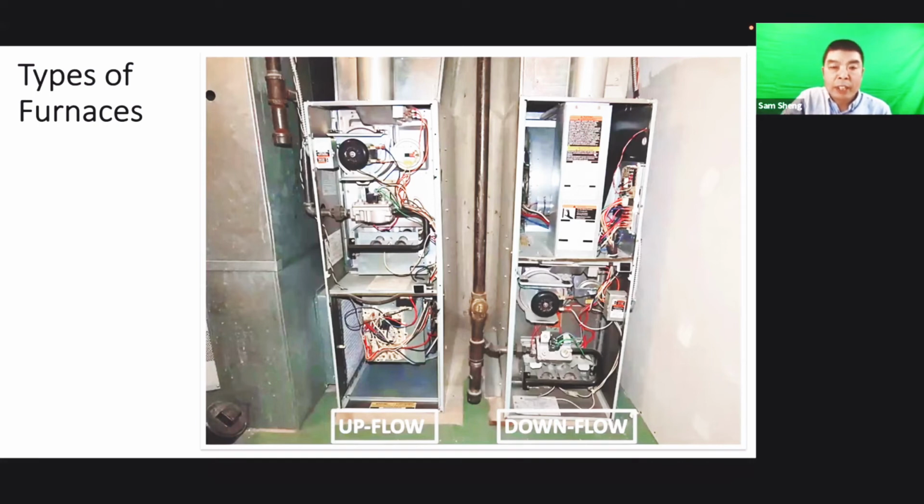After the inducer motor starts, the pressure switch will tell the control board the inducer motor is started, so we can go to the next step. If there's a pilot, we light the pilot. If it's a new furnace with no pilot, the igniter will glow and then light the big flame. So that's normally the gas side control. The newer furnace has more safety control, and we will talk about this later.